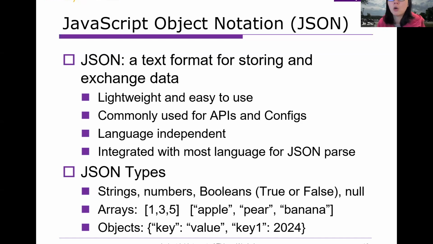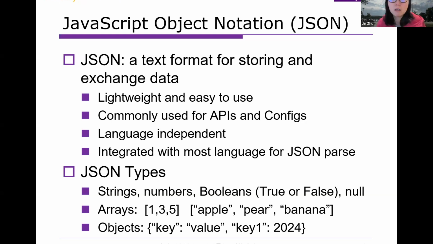It's also used for configuration. For example, the authentication and security rules for your database that we saw previously also follow the JSON format. It is language independent. It's just a text file, so you could open it on any platform using any text editor.